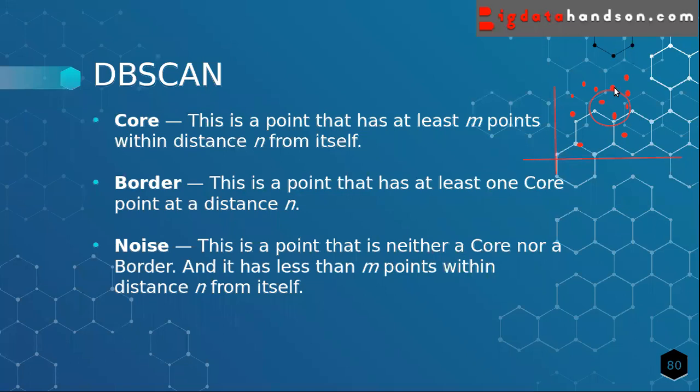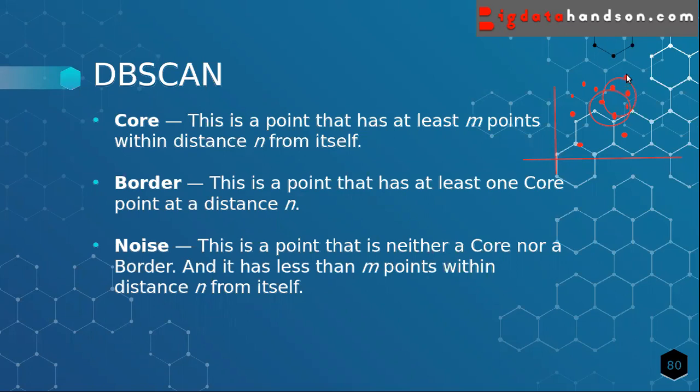Let's take this point as a centroid, and we'll draw a circle with the radius. And now again it will count the number of points in the circle. So we have minimum 3 points, so this point will become a core point.